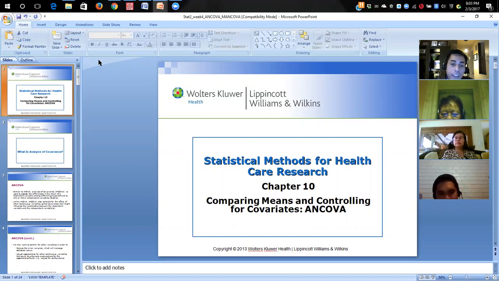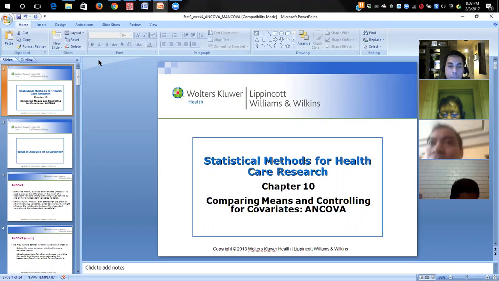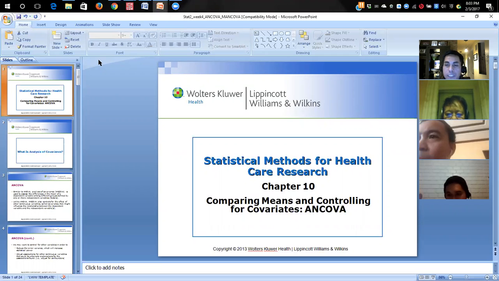So you will see when we do our SPSS after the quick 24 slides that the function that we use in the SPSS is the same. It's a univariate function. It's the general linear model. So it's GLM.